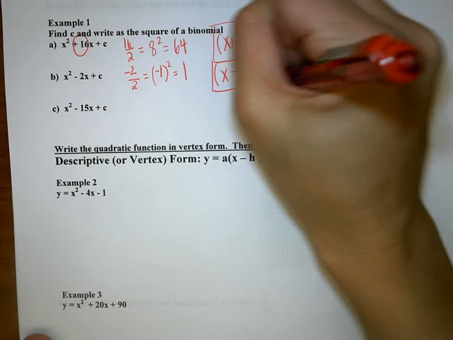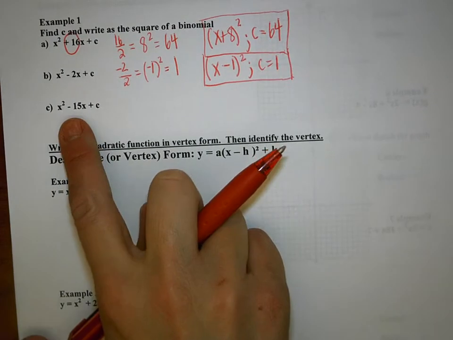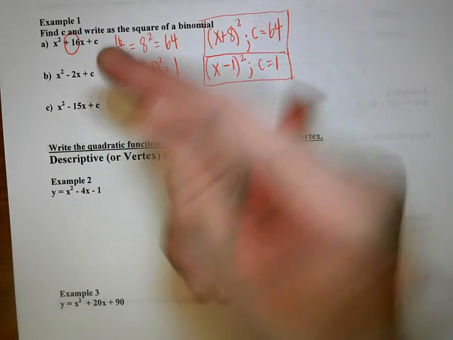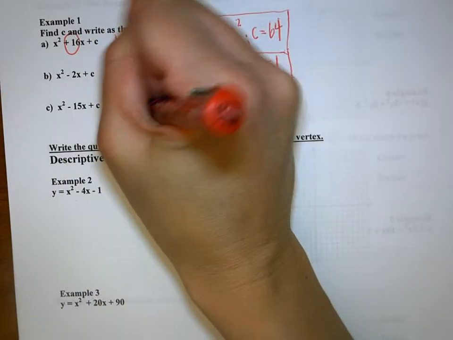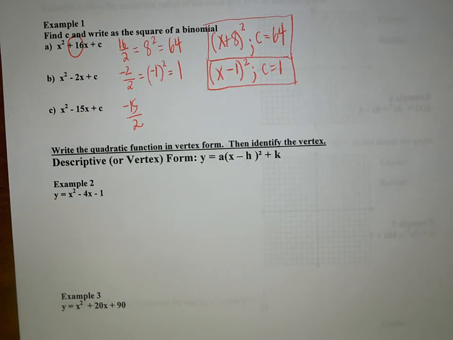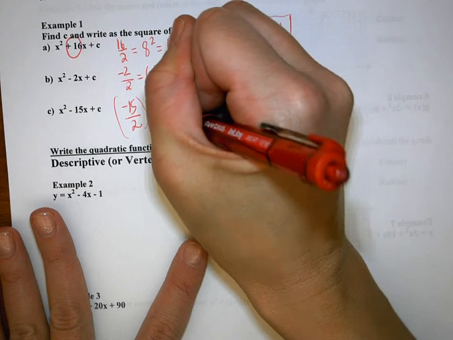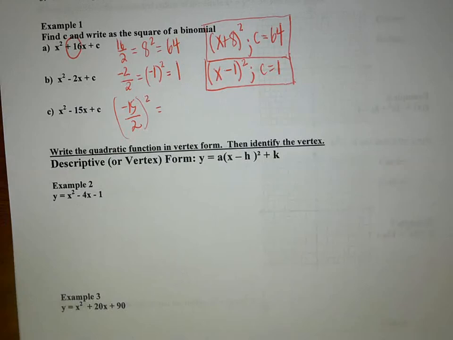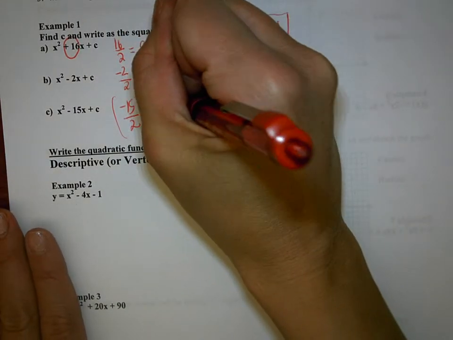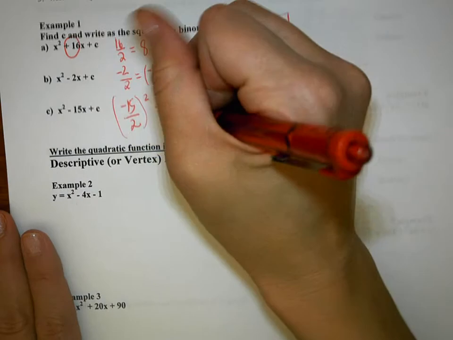Good. Now on c, and this isn't going to happen too many times, but if you have a number that doesn't reduce, you would just leave -15 over 2. Since it doesn't reduce, just leave it as -15 over 2. Then you would take that number and you would square it. So what's -15 squared? Good, 225, and then 2 squared is 4.